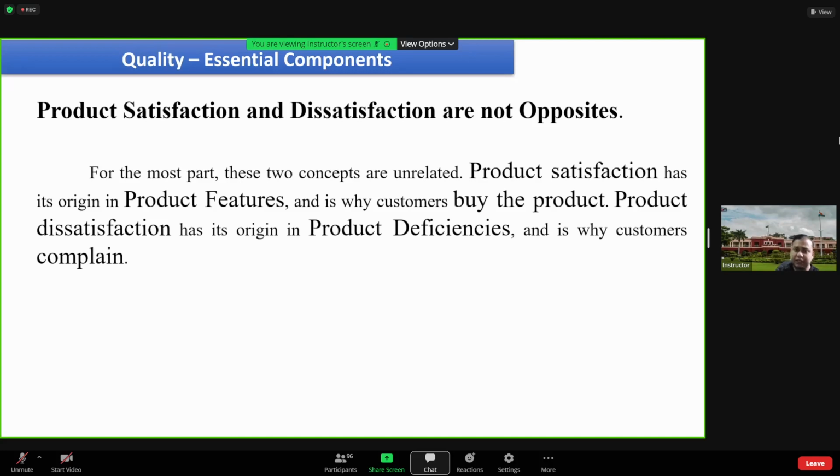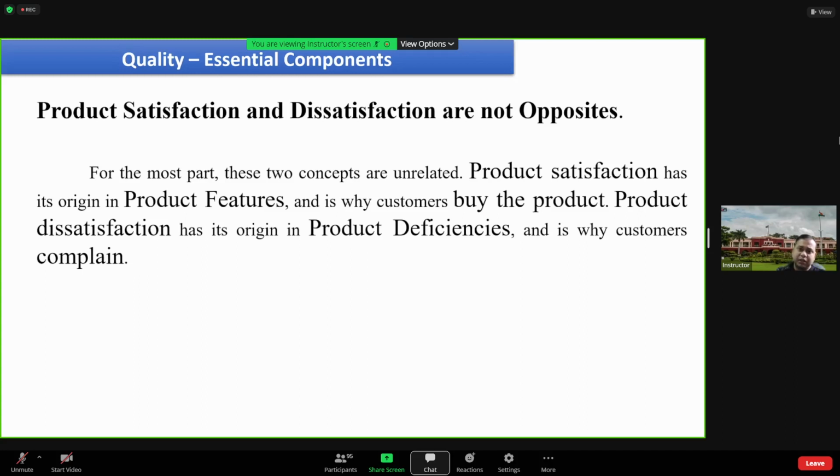More satisfaction from product use will come through the features and functions that are there, but dissatisfaction will come only when there are deficiencies in the product. So there can be products that give no dissatisfaction, meaning there are no deficiencies in the product and the features we desired are present.